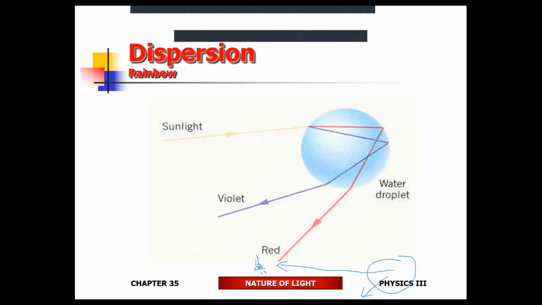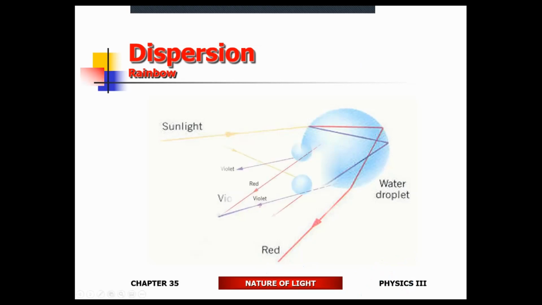From the water droplets above, your eyeball is going to intercept the red light, and from the water droplets below, your eyeball is going to intercept the violet. So the top of the rainbow is going to look red, and the bottom of the rainbow is going to look violet as a result. That's the explanation for it.